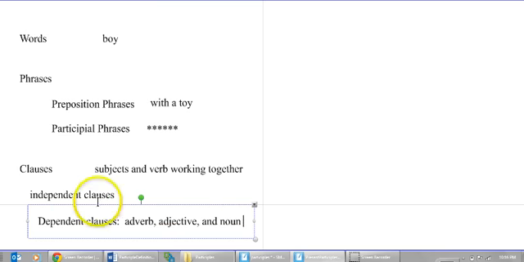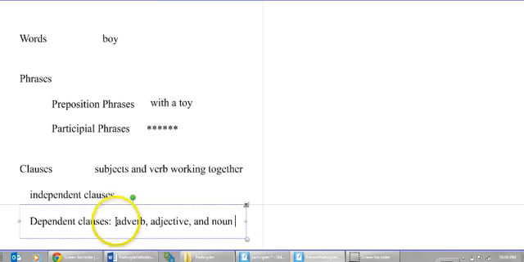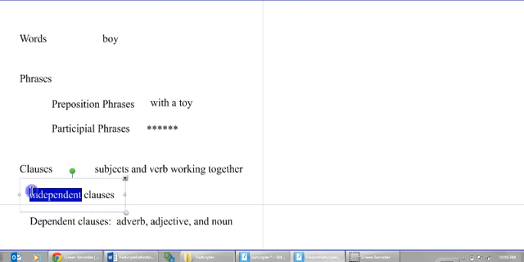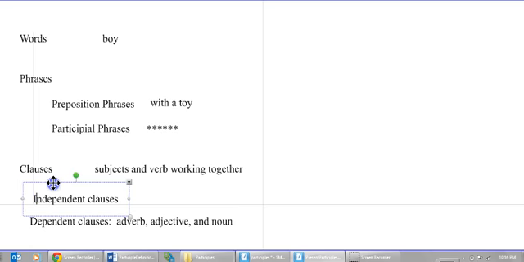That's the noun clause we did not learn. Okay, but we learned about adverb and adjective clauses, and you should know that. And I want to just capitalize this I in independent. So we've got the independent clause, we've got the dependent clause, and that's what clauses are.